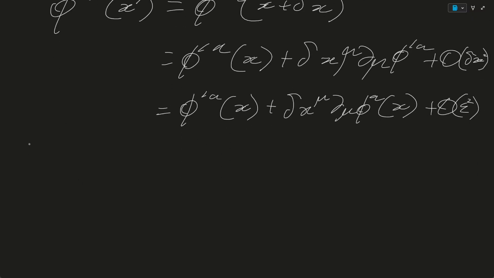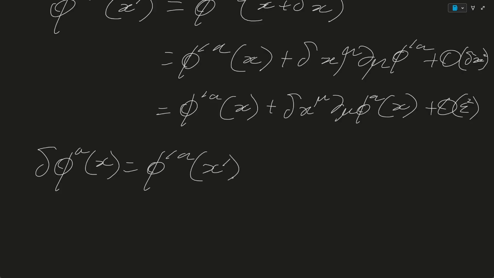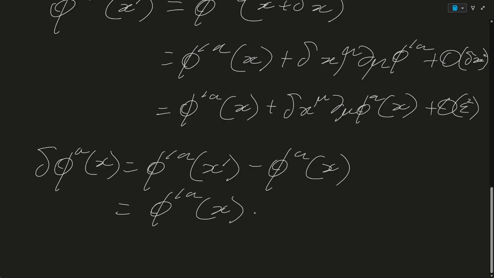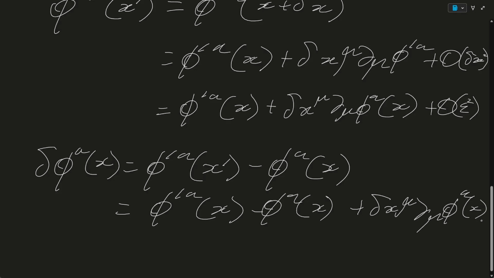And now we can sub this back into our total variation definition. So if we take that, this minute change in our field x, this is phi dash a of x dash minus phi a of x, and we can see clearly that then this becomes phi dash a of x minus phi a of x plus this thing, delta x to the mu, and then the mu derivative of phi a of x.